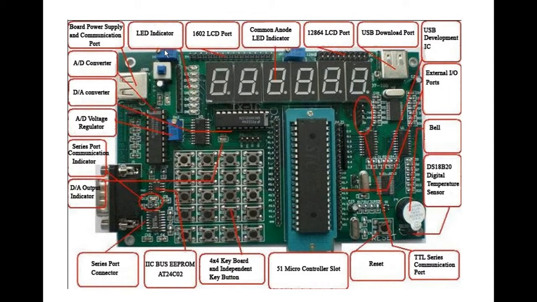This one is for the brightness adjustment of the 1602 LCD indicator, and this one is for the same purpose but for the different LCD indicator. This external communication leg is used for 12864 LCD indicators.